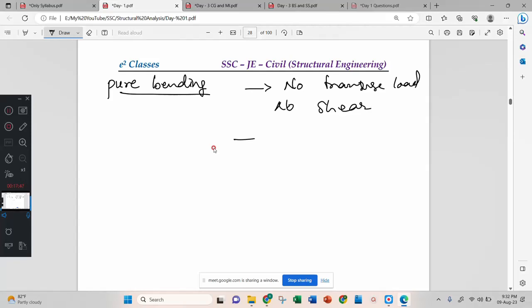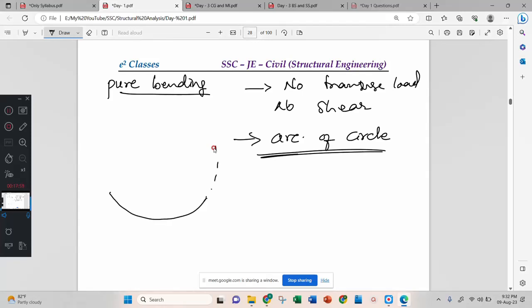Therefore, it is called pure bending, and you will get an arc of a circle. Let us consider this is the profile of the bend, and if you complete it, you will get a circle. Then you will have a radius, and this is called the radius of curvature.